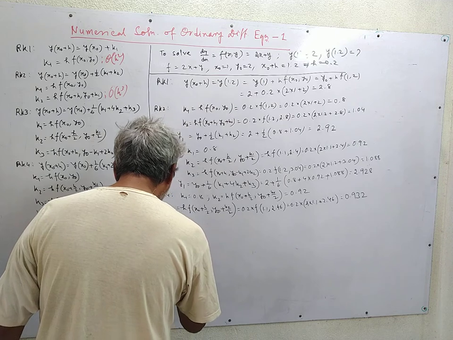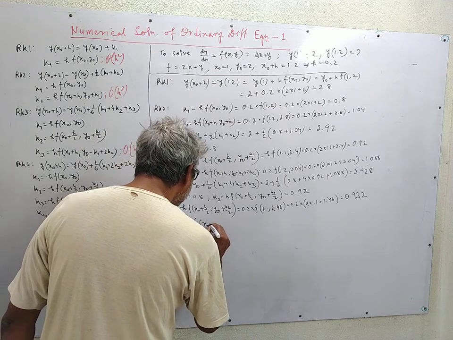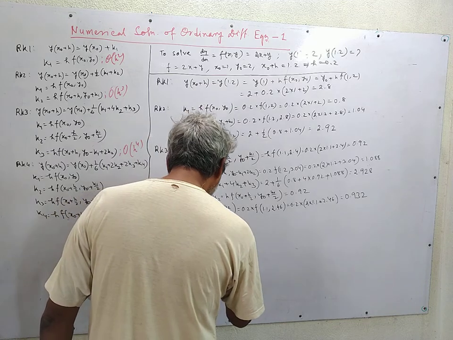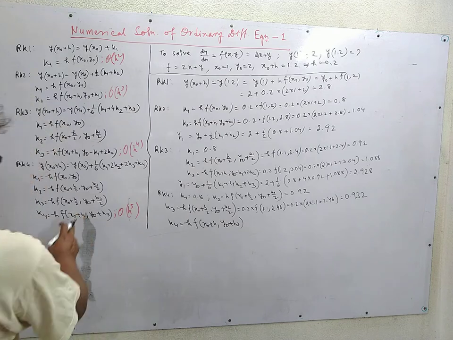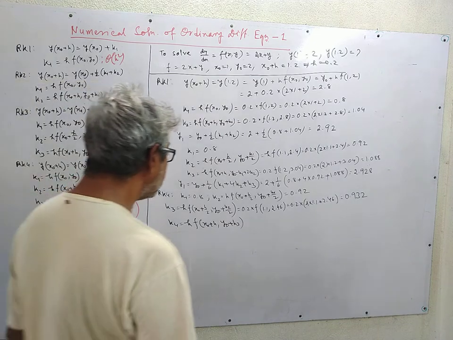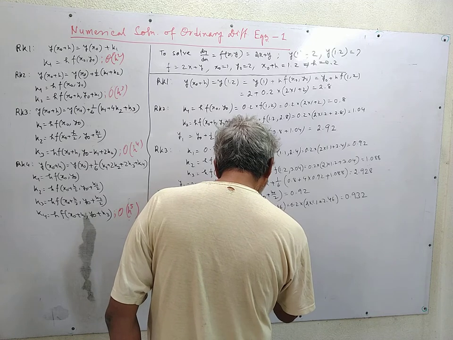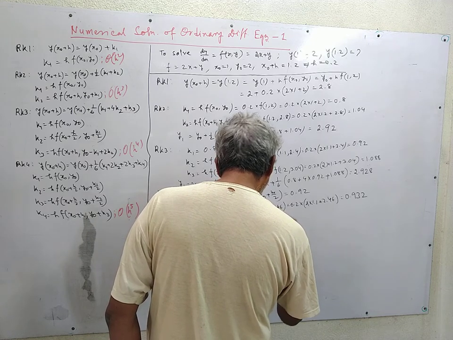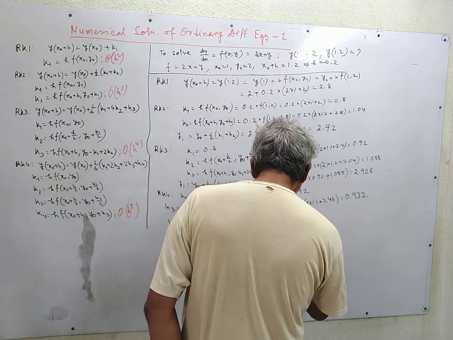And finally, K4 is h, f of x0 plus h and y0 plus K3. This is the formula. Here y0 is 2 and K3 is 0.932.